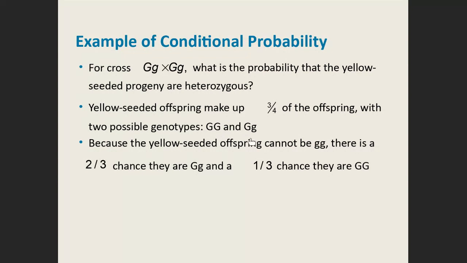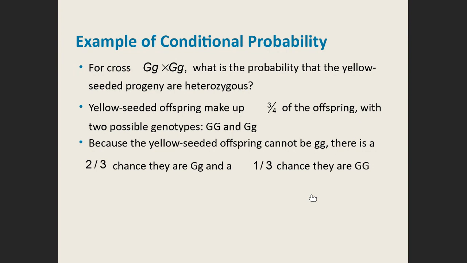So if you know that your seed is yellow, 2/3 of the time you'll have a heterozygous seed, and 1/3 of the time you'll have a homozygous wild type. So knowing that your seed is yellow, then you can say, well, if the parents are heterozygous, the chance of this seed being homozygous is 1/3.